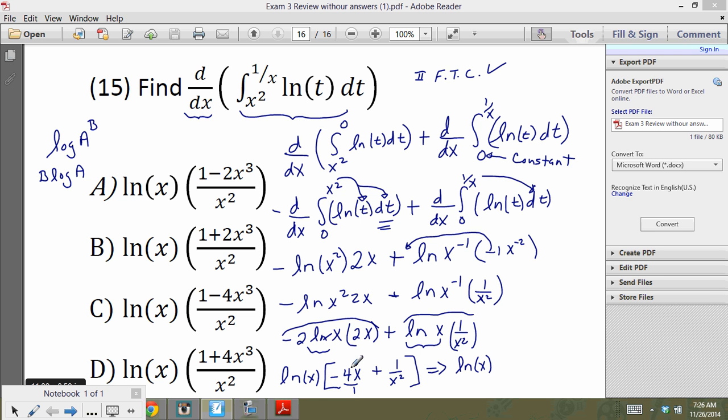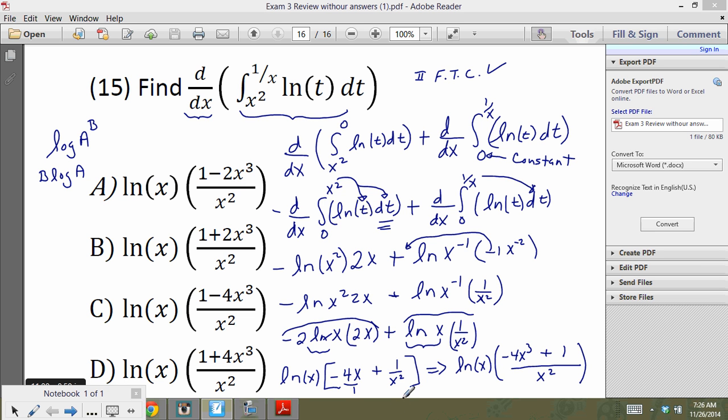And then this negative 4x, I'm going to multiply top and bottom by x squared. So that's going to be negative 4x cubed over x squared. And of course the other term, the 1 over x squared, already has a denominator of x squared. So that's plus 1. And that's the way that's going to look.